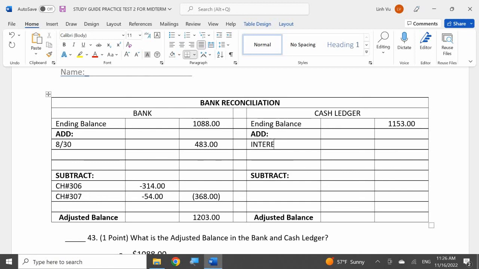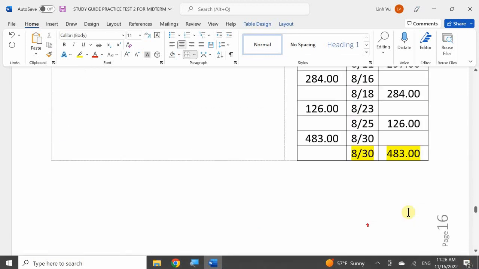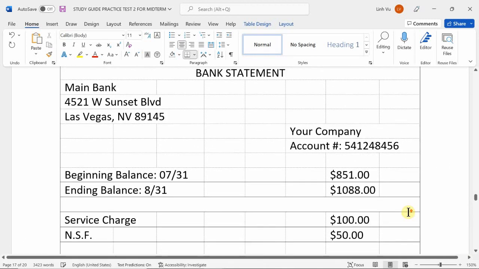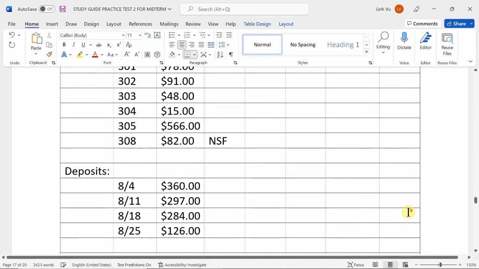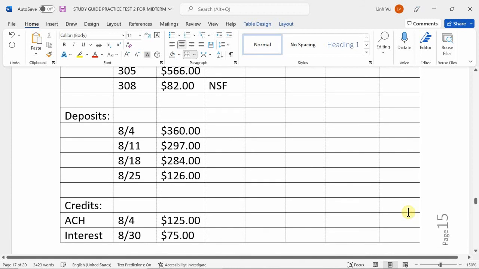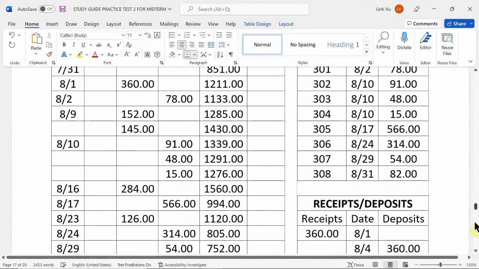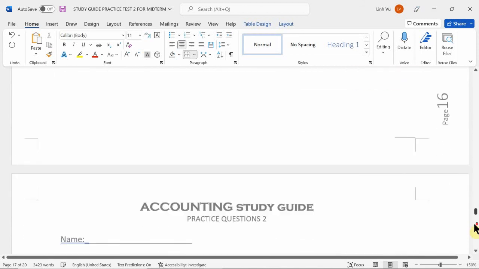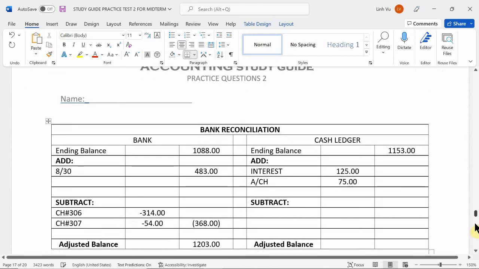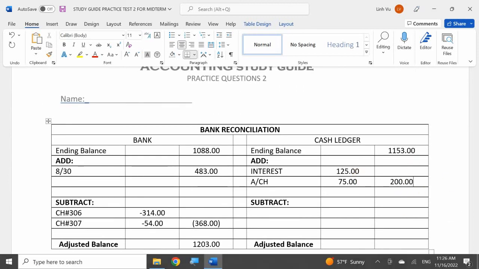So interest, and you had an automated clearinghouse, $125, and I had $75 worth of ACH. Yes, so therefore I need to add a grand total of $200 to my cash side. Okay?